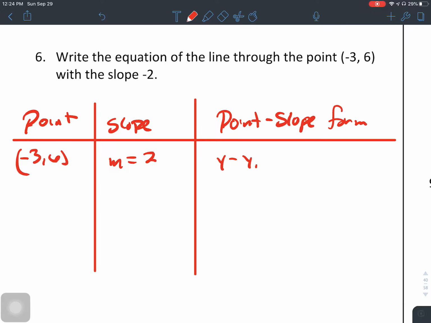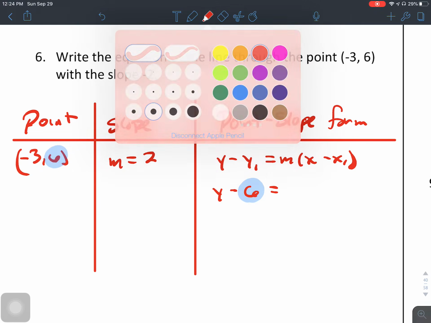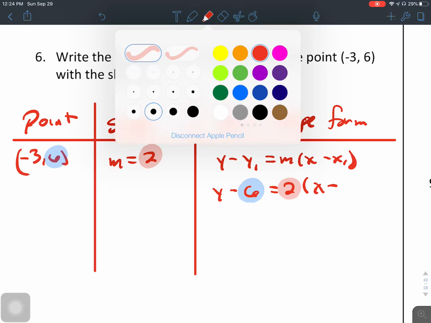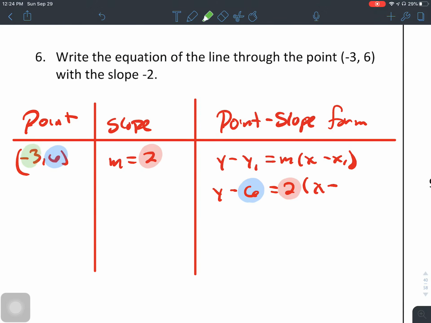Every time you use point-slope form, please write it out first. Then substitute. y1 is 6. The slope is 2. The x sub 1 is negative 3.